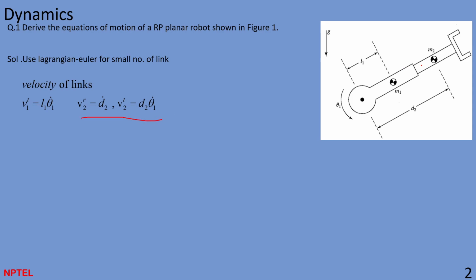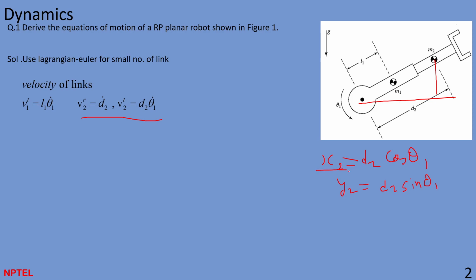How to find those velocities? The center of mass here. Again, you need to do the same: find the position vector, which is basically x2 = d2 cos theta one, and y2 will be d2 sine theta one.